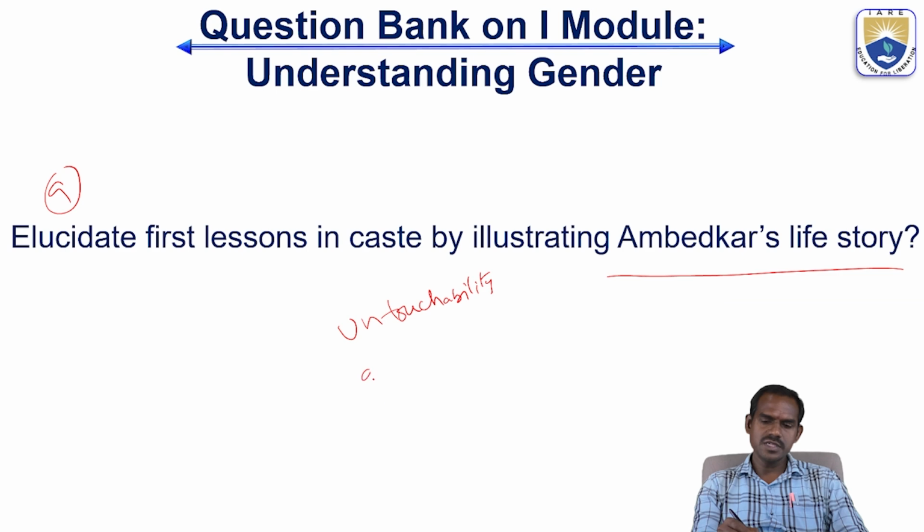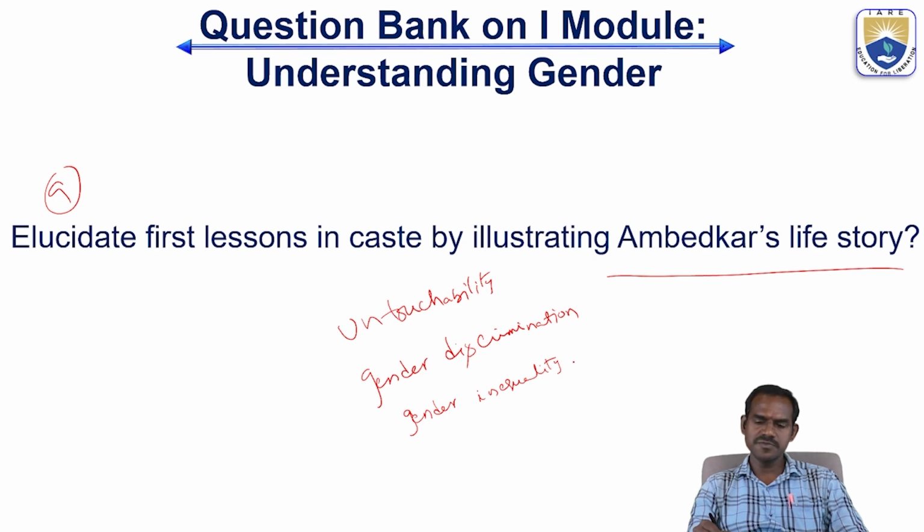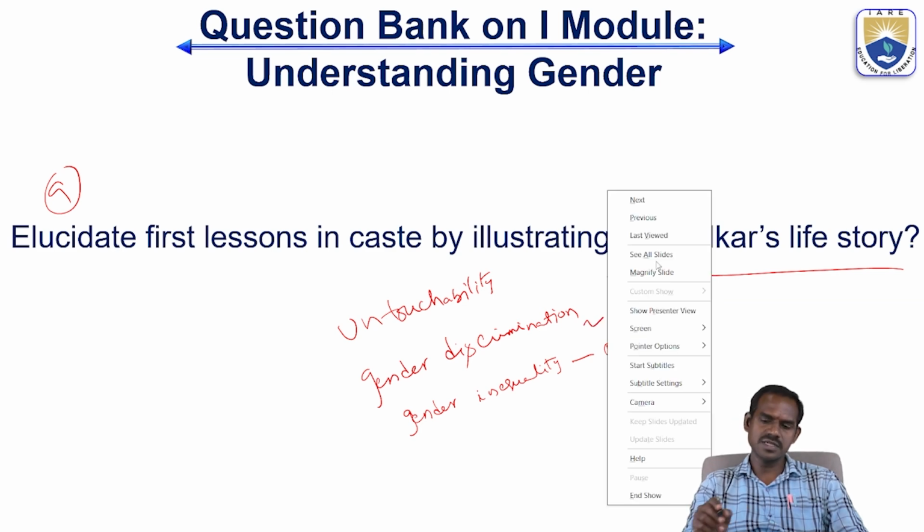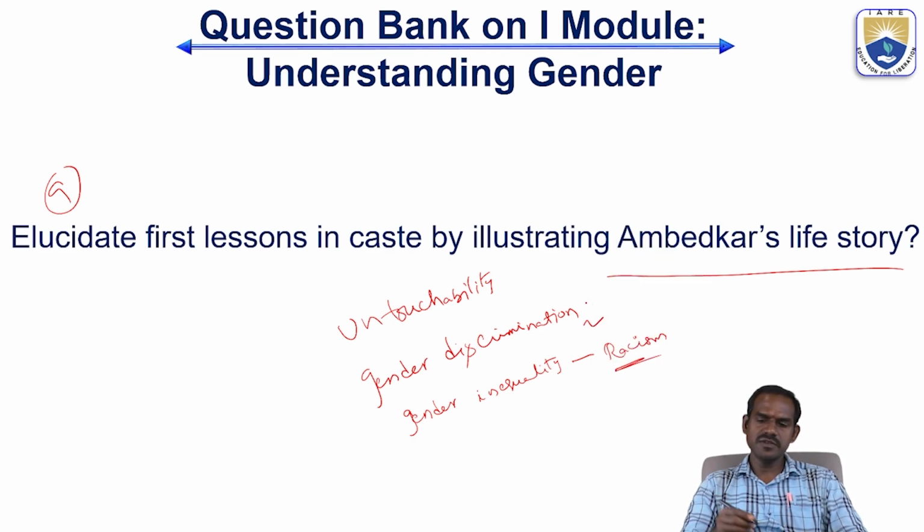Because of gender discrimination, and also because of gender inequality, in several modes or in several ways, especially in color, meaning racism. So you are white, you are black, you are red, this kind of racism is also gender inequality or gender discrimination. So that is why one should be beyond those things.